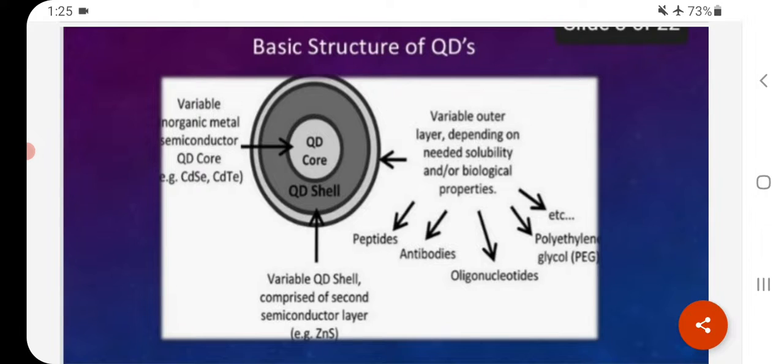In the middle is a variable organic metal semiconductor quantum dot core, and the outer shell is a variable quantum dot shell comprising a second semiconductor layer, and the outermost shell is a variable outer layer depending on the needed solubility and/or biological properties, that is peptides, antibodies, oligonucleotides, polyethylene glycol, etc.